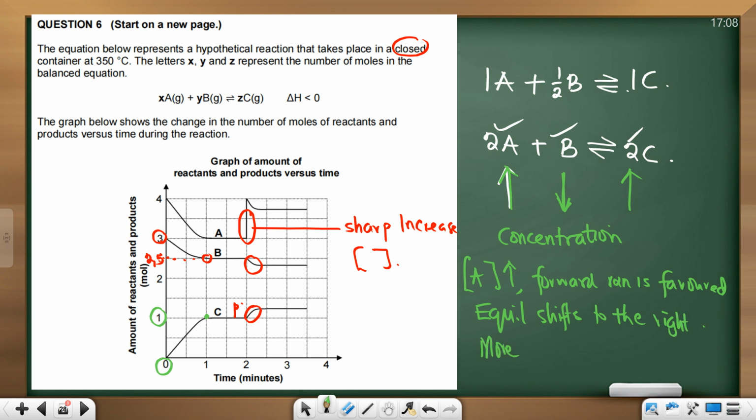More product is formed. And that's it. That's your 3 marks. I'm sure you all still remember this when we talk about change in concentration. All right. Change in concentration. And that's how you answer such questions.